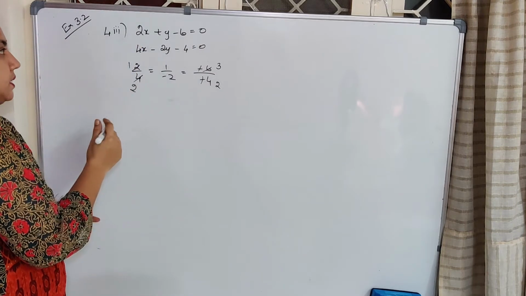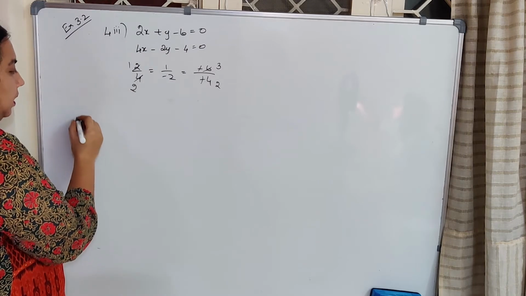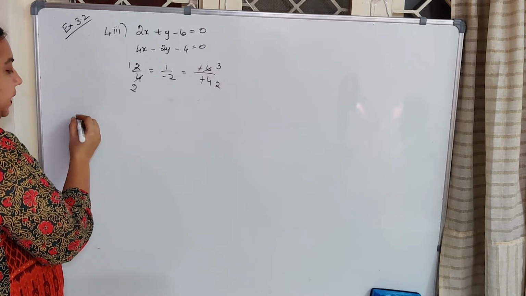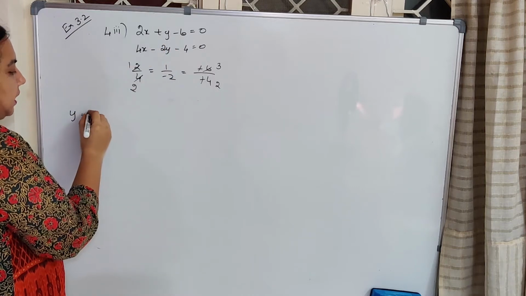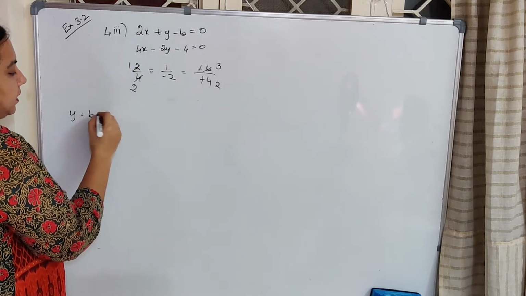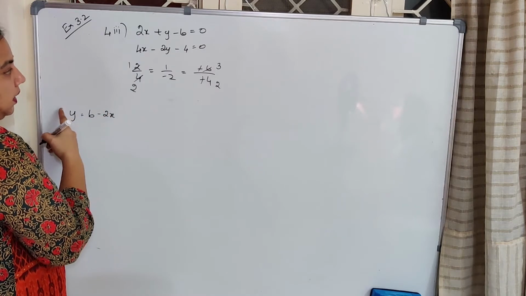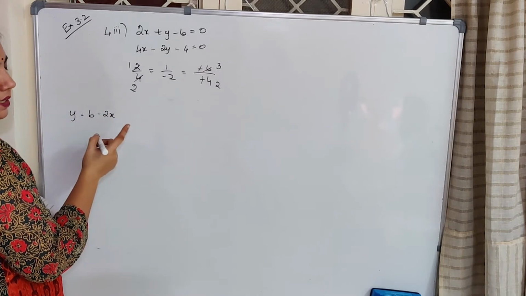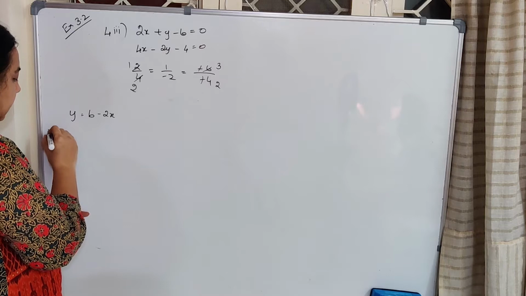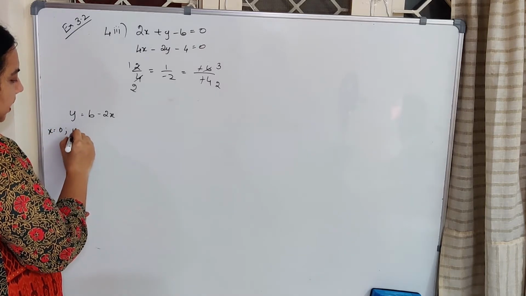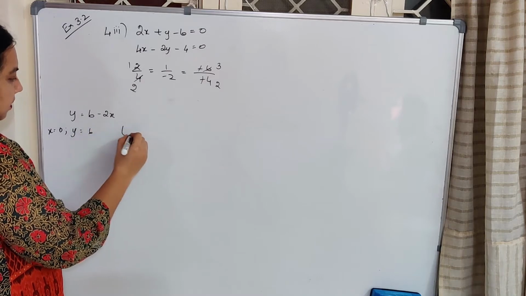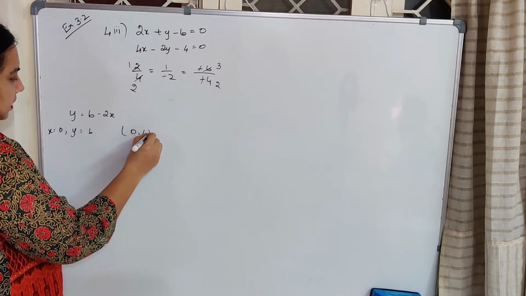Okay, first I will consider the first equation now. I will keep the y alone on the left hand side and take the other numbers to the right hand side. Minus 6 goes as plus 6, 2x goes as minus 2x. Okay, no coefficient, so we can just substitute values of x here. When x is equal to 0, y's value becomes 6. So the point is 0, 6.